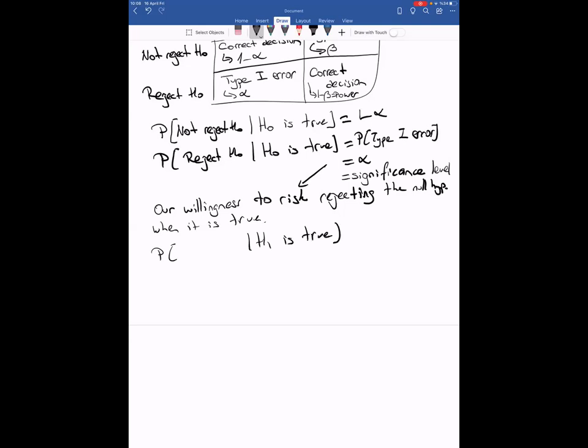So if H1 is true, but we do not reject H0, basically again we are making an error, which is named as type 2 error, and we name it as beta.